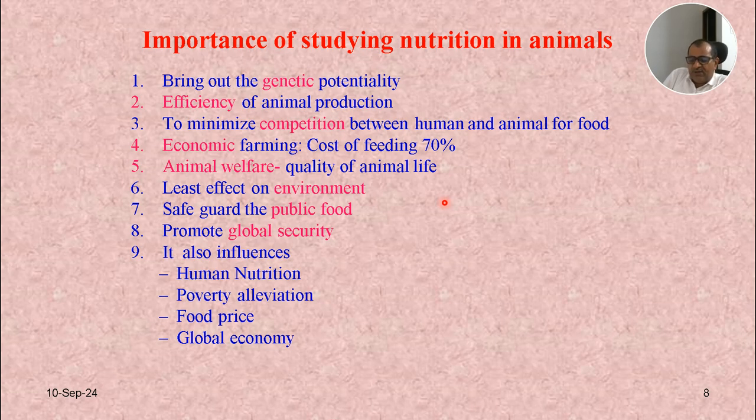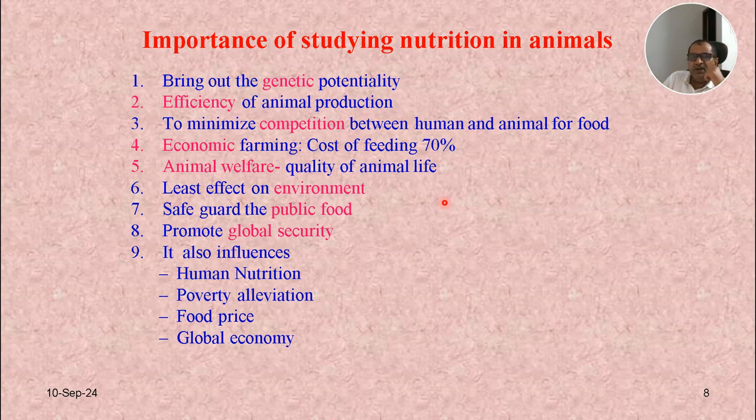Because nowadays the human population is tremendously increasing, about 800 crores in the world. Hence, all these people require food apart from the animals also. So we need to provide the public with good food, and global food security should be maintained with adequate nutrition.